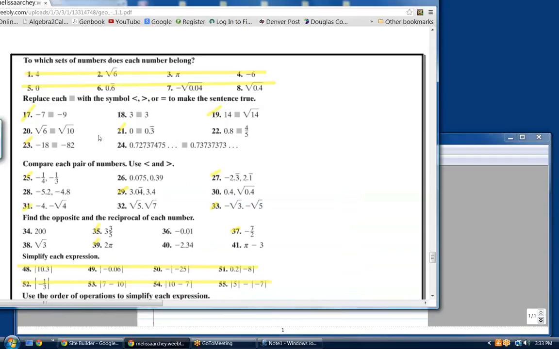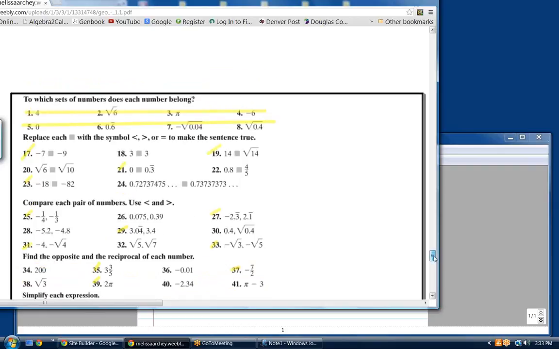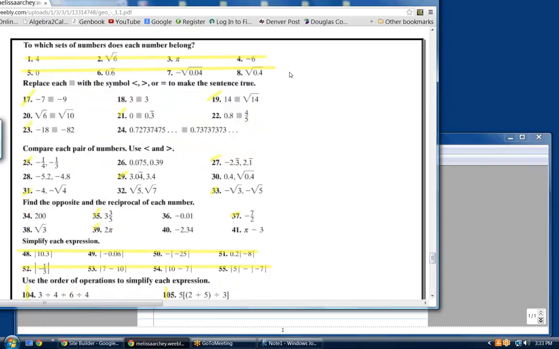So, to which sets of numbers does each number belong? I assume the answers they're looking for here are, for 4, that would be all real numbers.